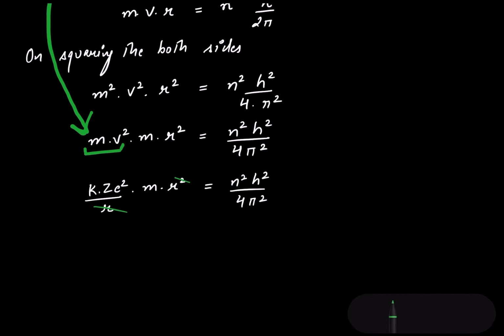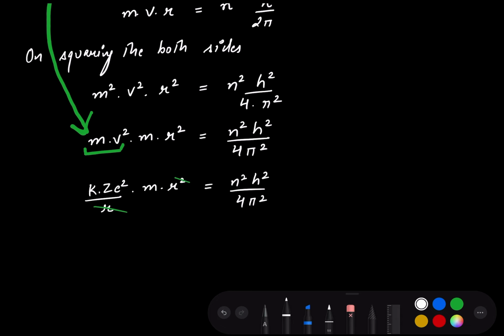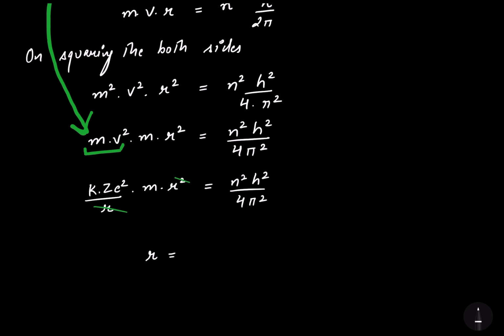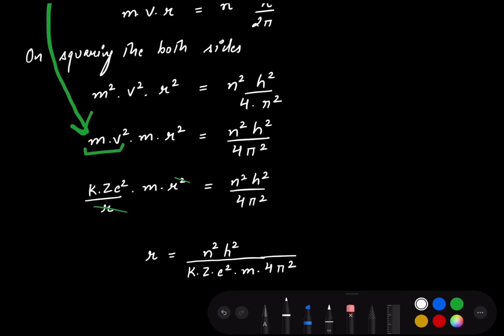So my radius comes out to be n square into h square divided by k z e square into m into 4 pi square.